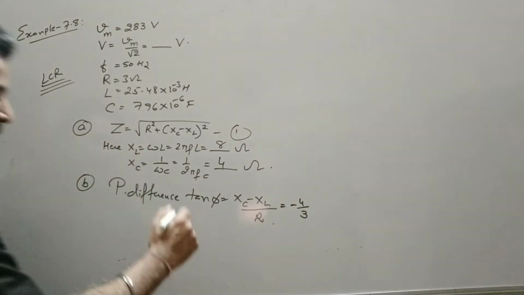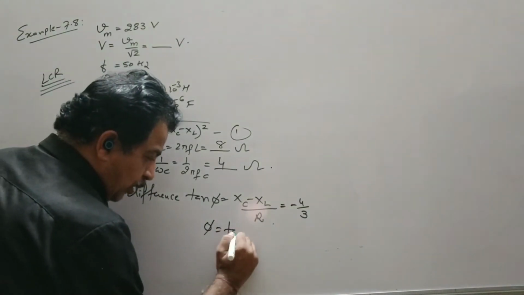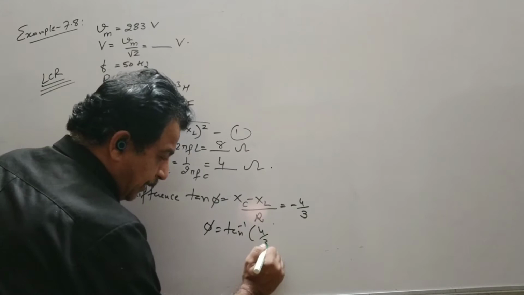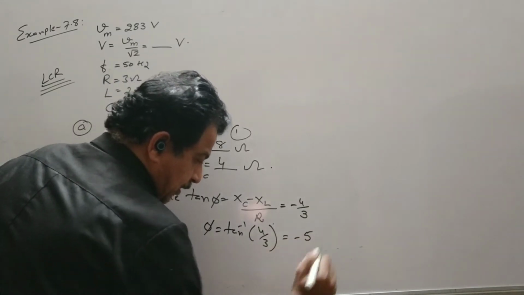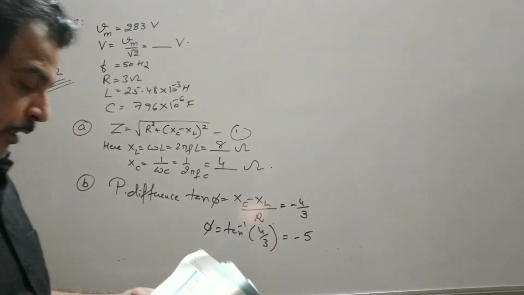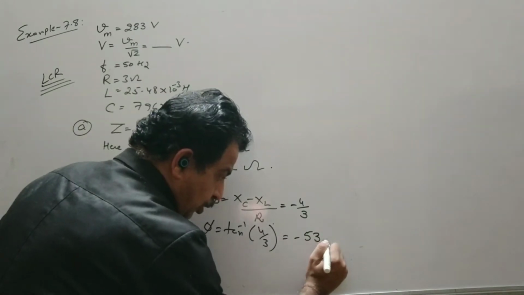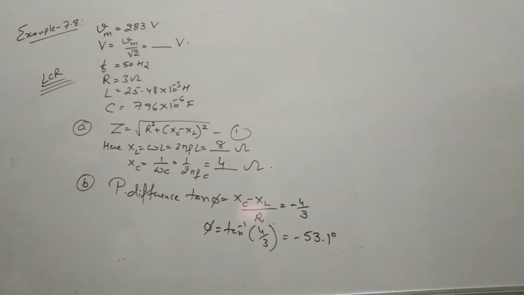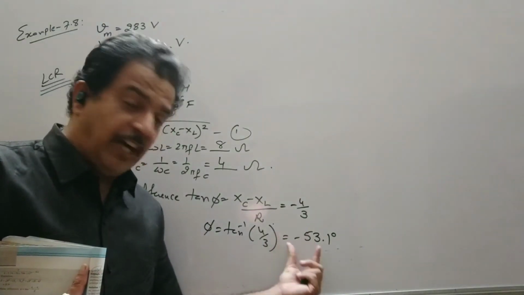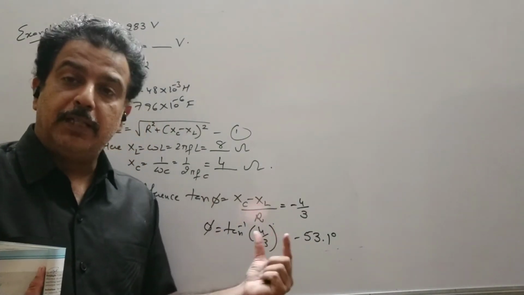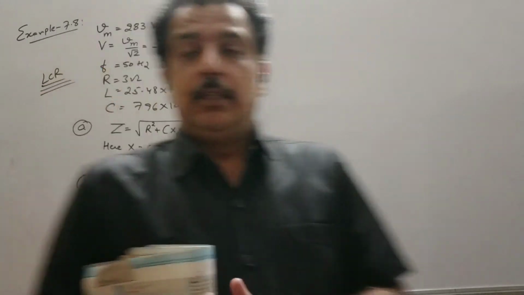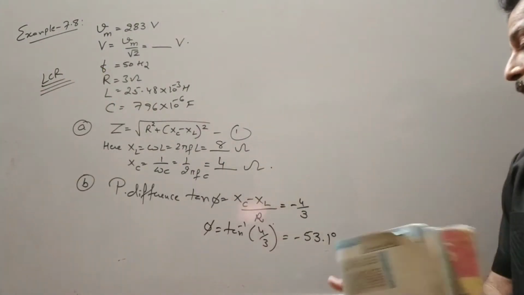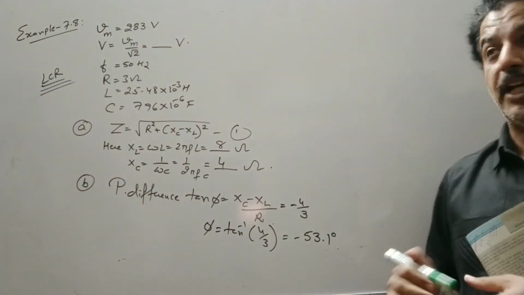Now you calculate this angle. Phi is equal to tan inverse 4 by 3. I am writing this answer directly as given in the book. The answer given in the book is 53.1 degree. Whenever we get this phi, if you remember, it is the phase difference between the voltage and the current.